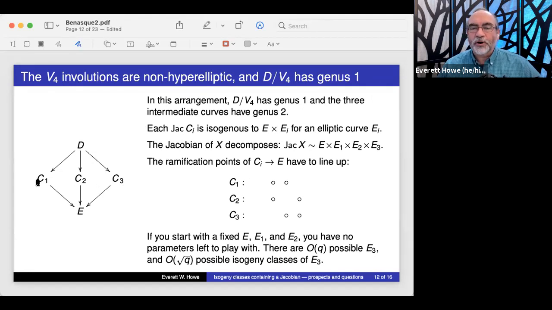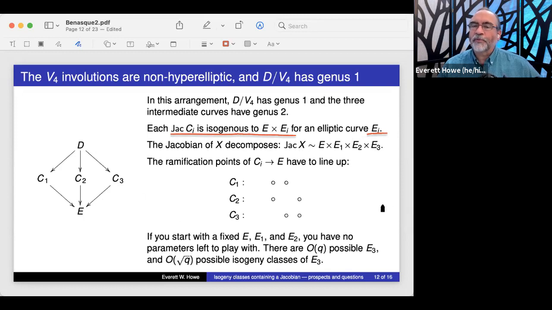If you have a genus 2 curve with a map to an elliptic curve, then its Jacobian is isogenous to E times another elliptic curve. So we're going to say that Jac C_i is isogenous to E times E_i for some elliptic curve E_i. And then the Jacobian of D decomposes again as the product of E with E1, E2, and E3.